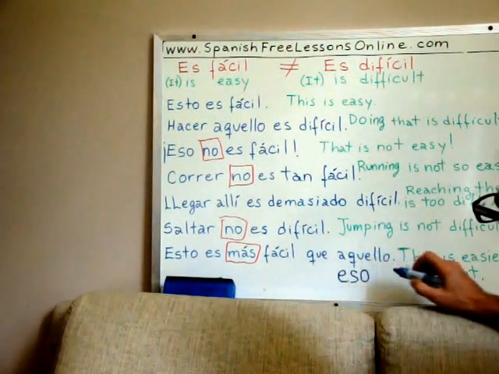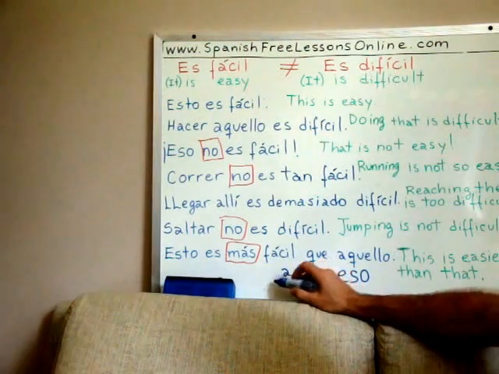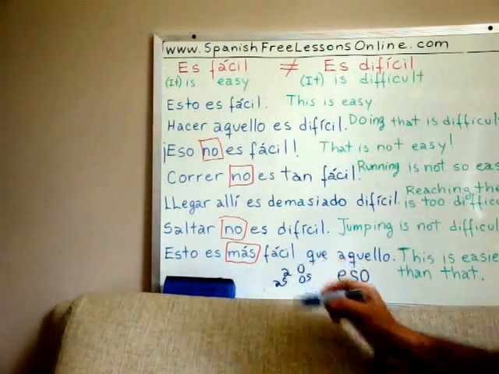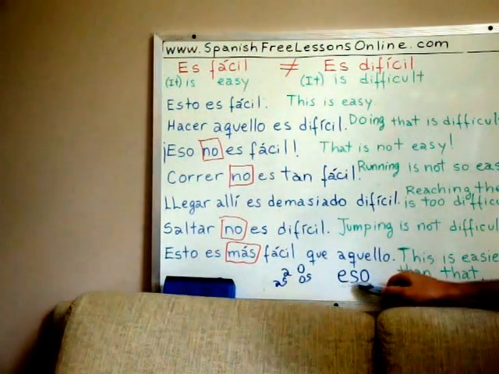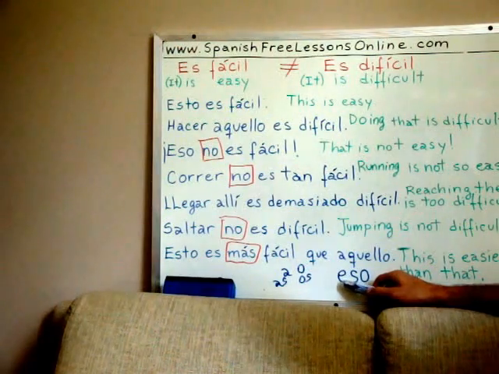So aquello will finish in A for feminine, in O for masculine, AS for feminine plural, OS for masculine plural. Same thing with eso, right? It will be esa, eso, esas, or esos. Yes?